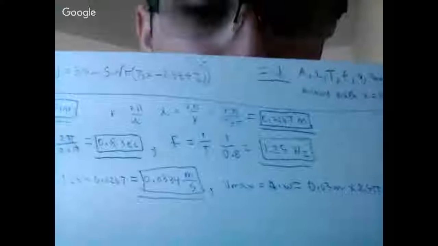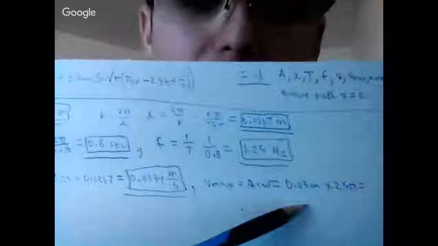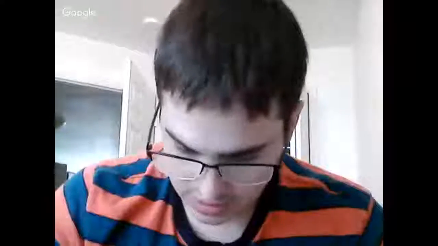We have to do 2.5 times pi. So you get that. Vmax is equal to A omega, which is 0.03 meters times 2.5 pi. And that gives us 0.236 meters per second as our max velocity.